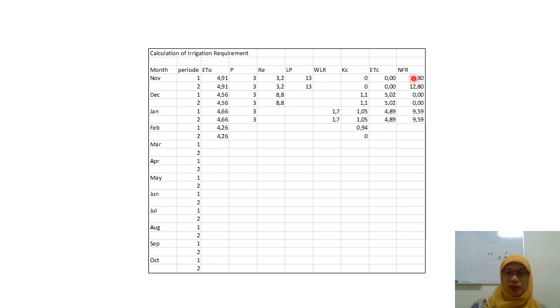You put your formula here, so I can check the formula you put into the cell. You do this for the whole cropping season until you finish it. You make all this calculation.